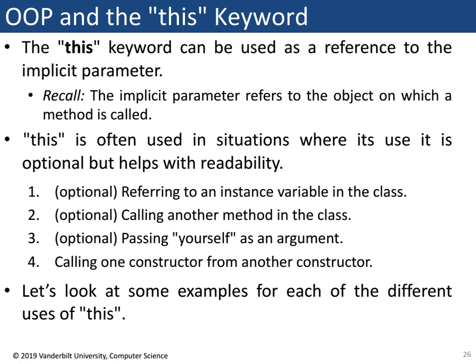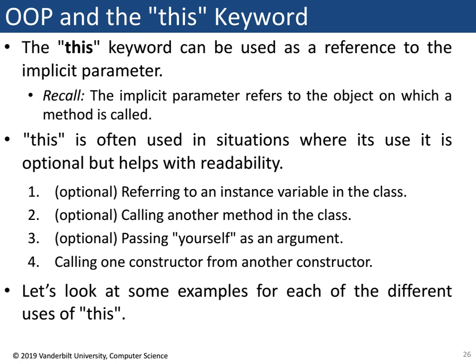For a student object called s1, when you use some instance method called getGPA and say s1.getGPA, s1 is the implicit parameter. So inside of our instance methods, we can use the this keyword to refer explicitly to the implicit parameter.